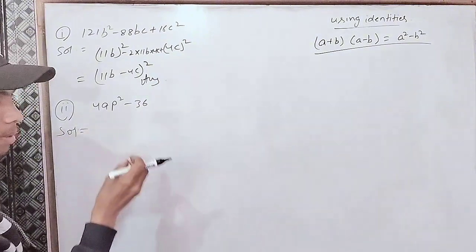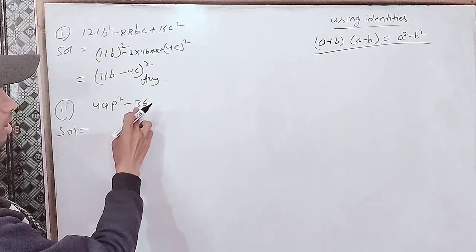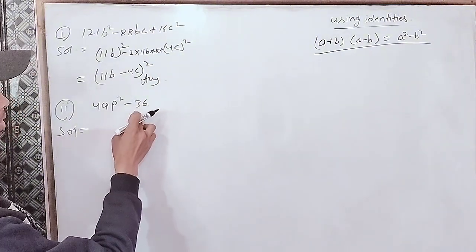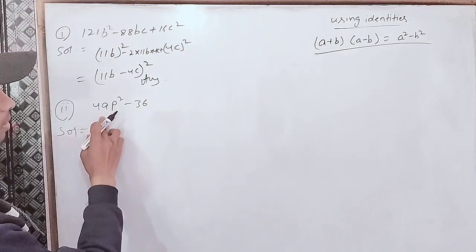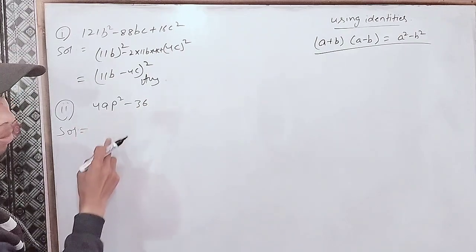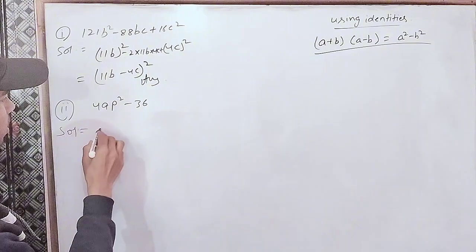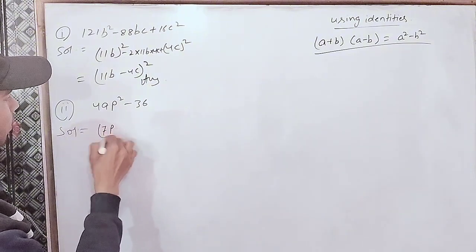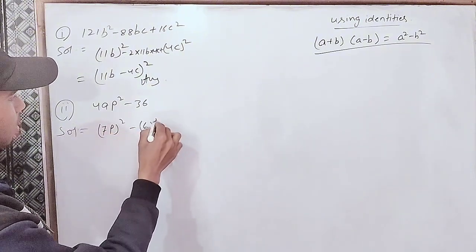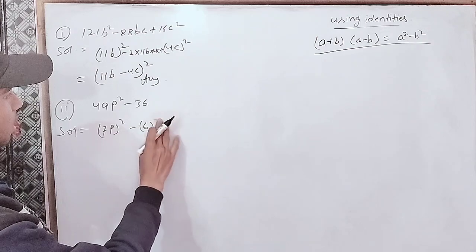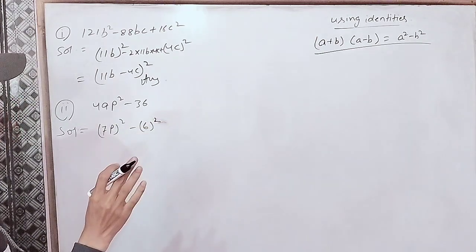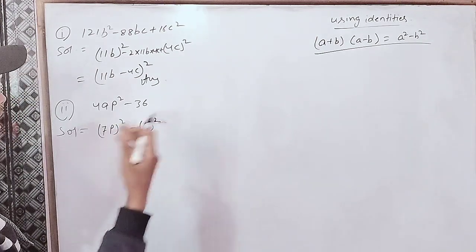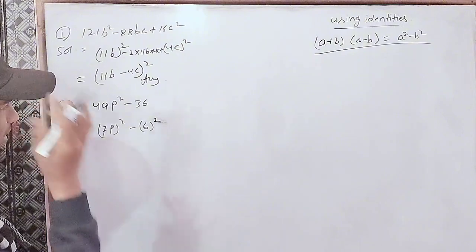So here, the base should be 2 times. 6 multiplied by 6 would be how much? 36. Similarly, here 7 times 7 is how much? 49. So can we write it like that? Am I right? Nothing has changed. This is just a different way to write it.